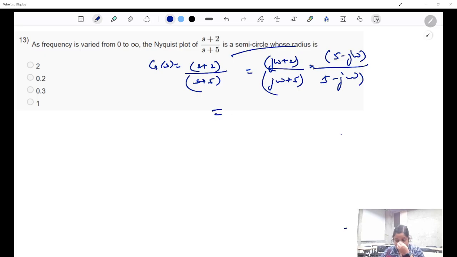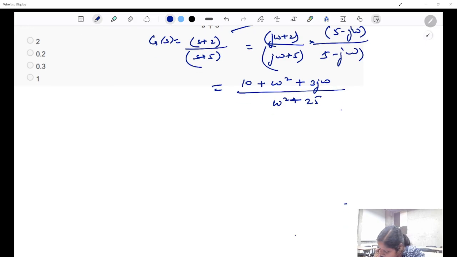So what would be in the numerator? It would be 10 plus omega square plus 3j omega, right? 5 omega j omega minus 2j omega. It's going to be 3j omega upon omega square plus 25, right?